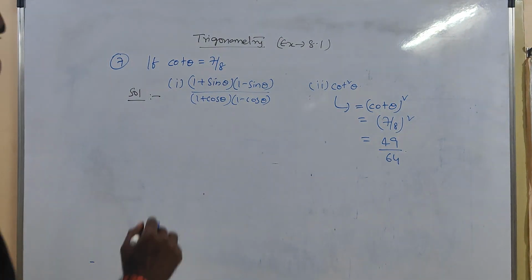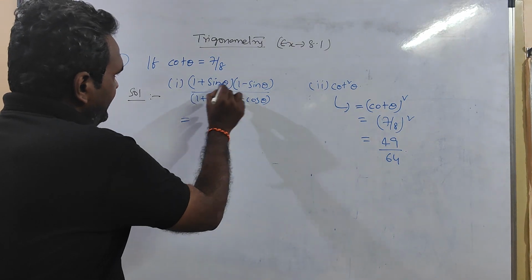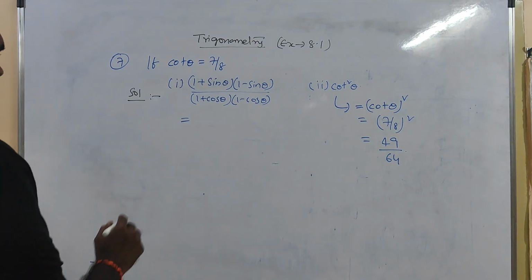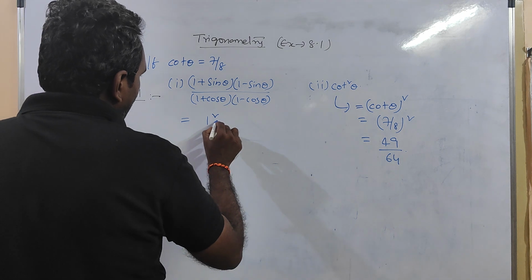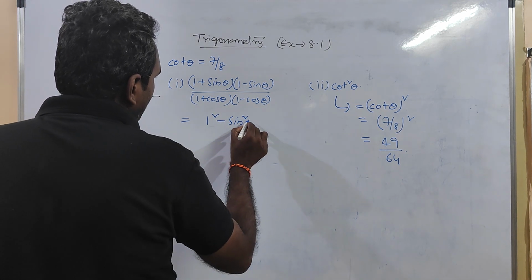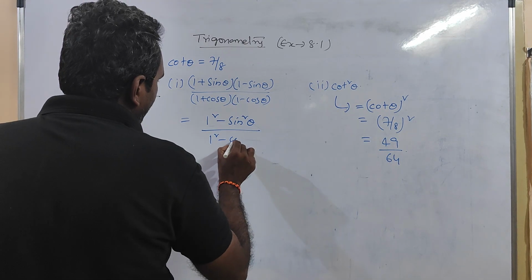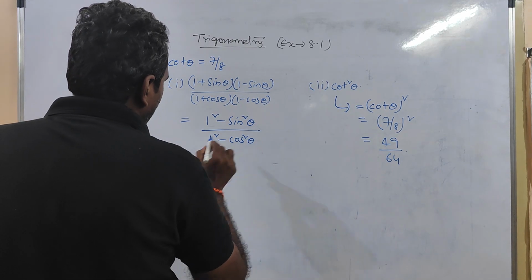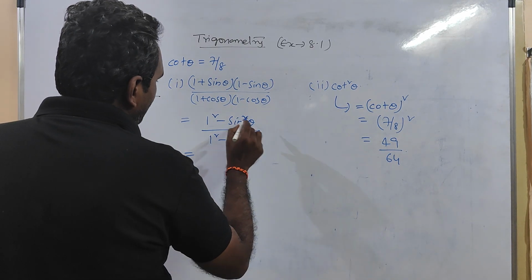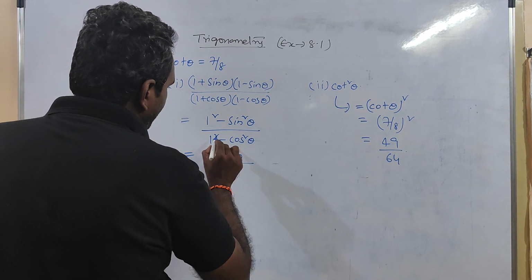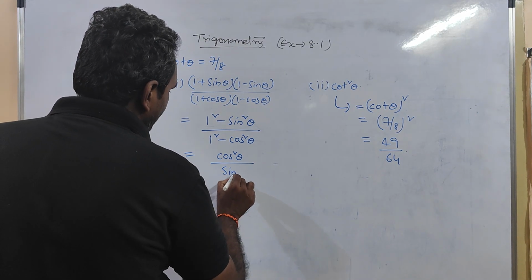And this one you see. The top is in the form of (a plus b) into (a minus b). What will you get? a square minus b square. So 1 square minus sine square theta, and the bottom will be 1 square minus cos square theta. 1 minus sin square will be cos square theta, and 1 minus cos square will be sin square theta.